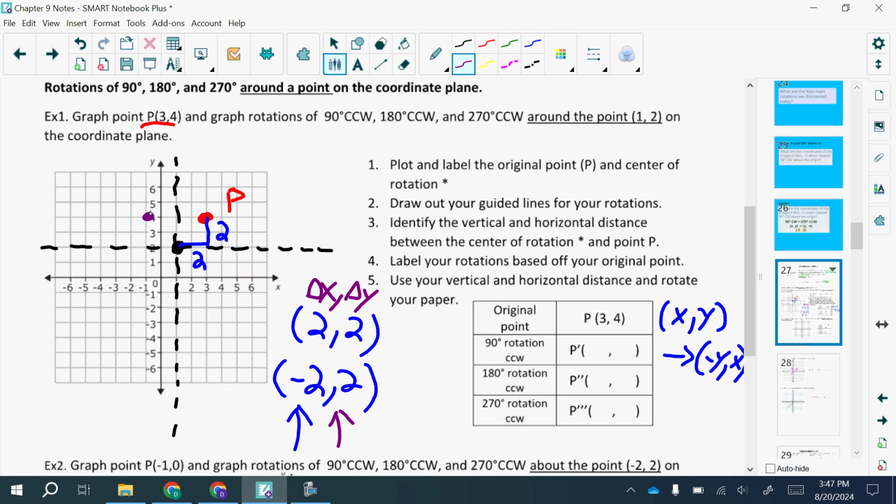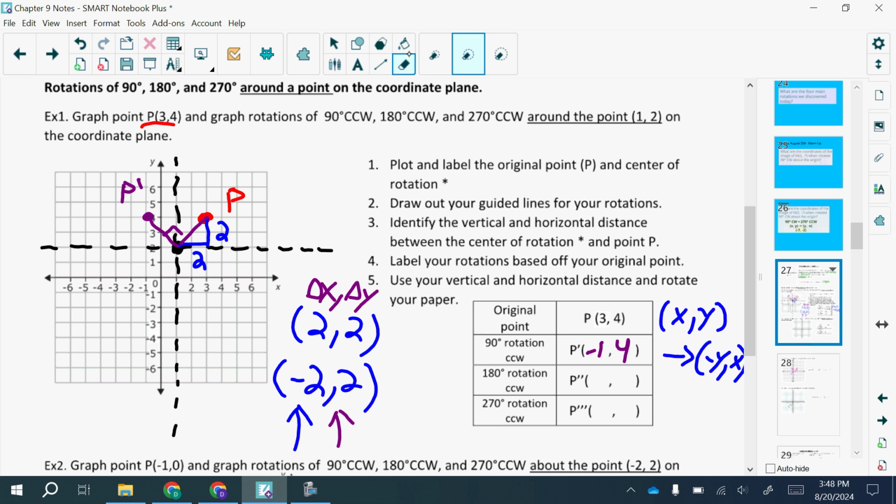That turns out to be right here, at (-1, 4). So we successfully rotated this point P around a center of rotation of (1, 2). And you look there, a little 90-degree angle here. That pretty much encapsulates the way it works.